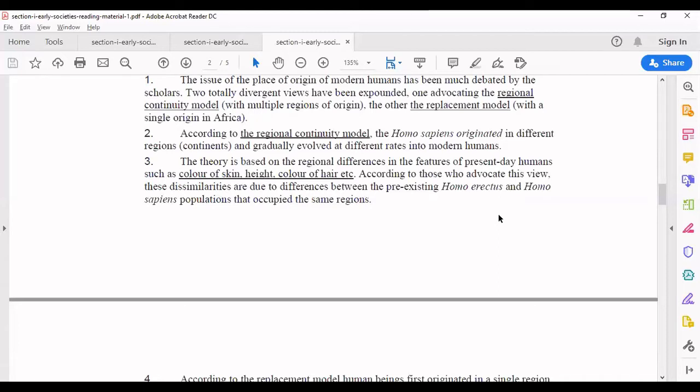So they are saying probably the Homo erectus and Homo sapiens also had these dissimilarities that are being carried forward from there.